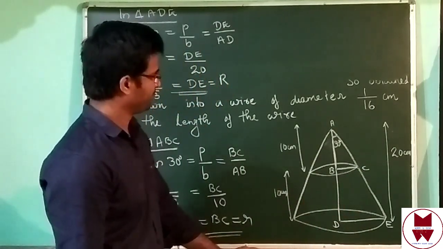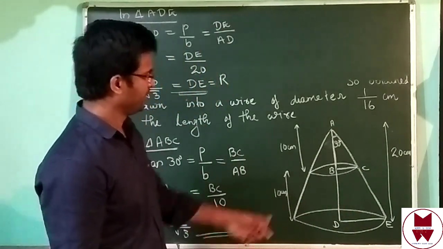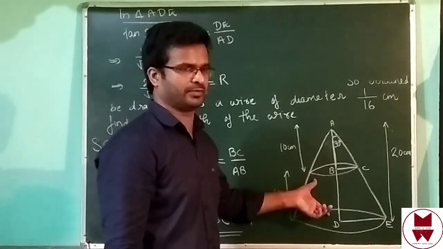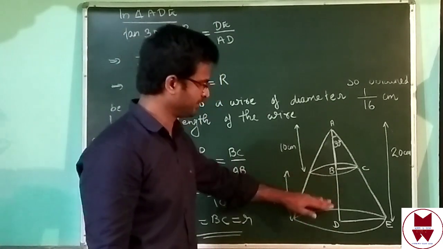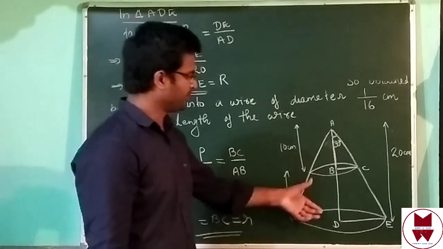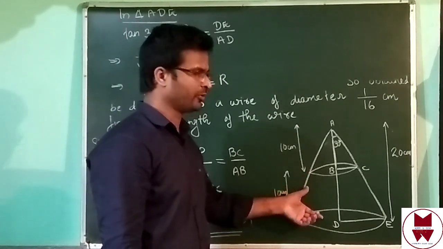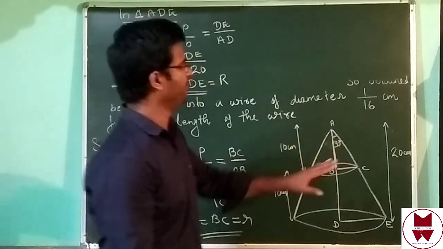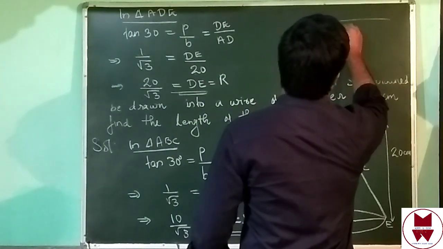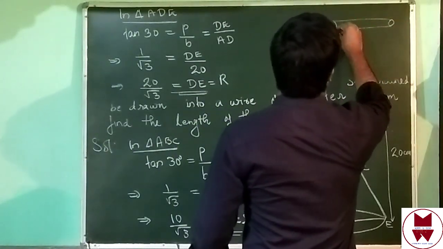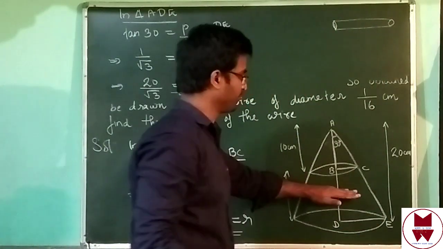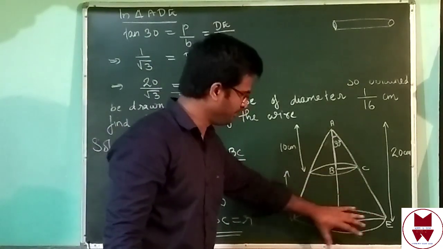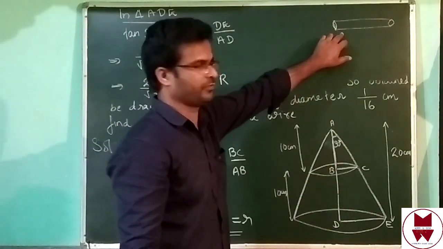Then what is our question? Here you will get one frustum of cone, the downside part. That frustum of cone we are going to melt and make one wire. Keep in mind, only the downside part, the frustum, we will melt and make one wire.